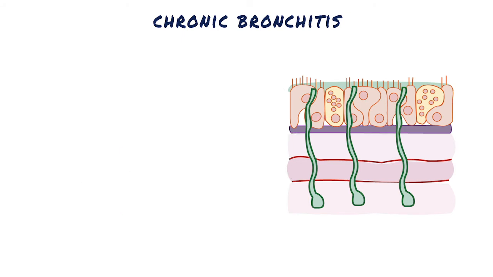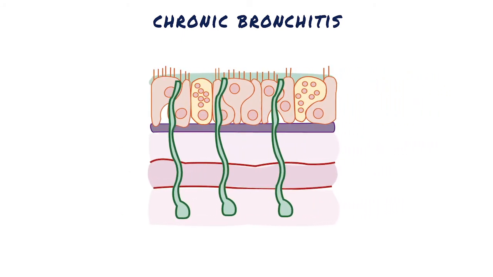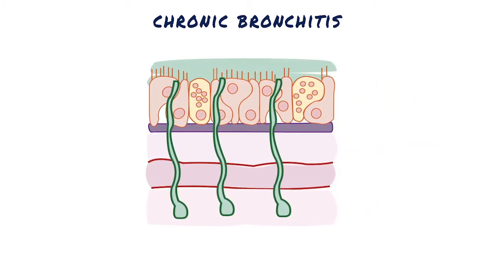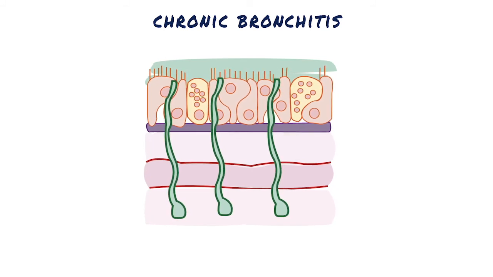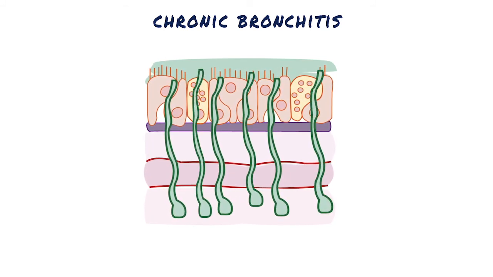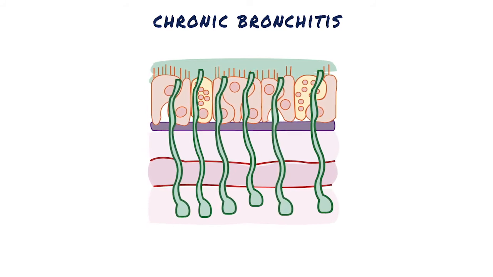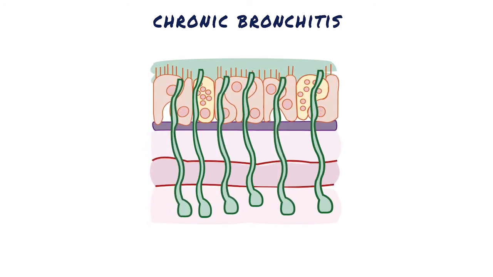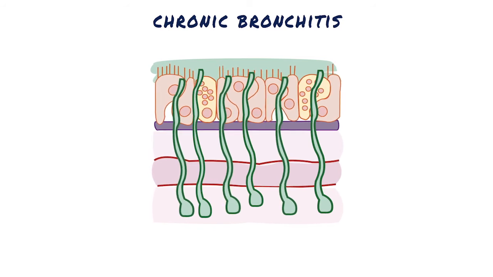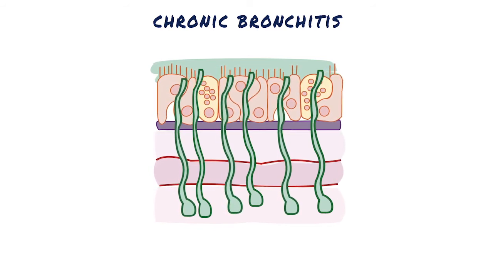The earliest feature of chronic bronchitis is hypersecretion of mucus in the large airways, associated with hypertrophy of the submucosal glands in the trachea and bronchi. The basis for mucus hypersecretion is incompletely understood, but it appears to involve inflammatory mediators such as histamine and interleukin-13.